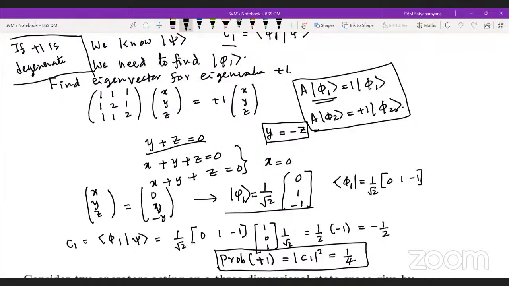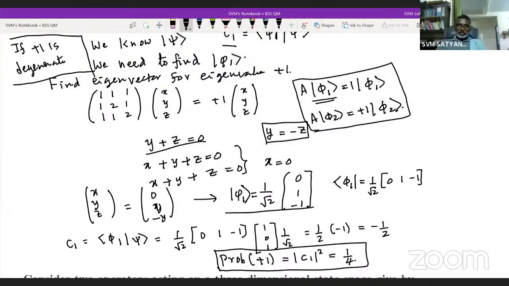Yes. We are assuming a priori that it's a non-degenerate system. Yes, I'm just thinking, is there some clue in the matrix that it is non-degenerate?